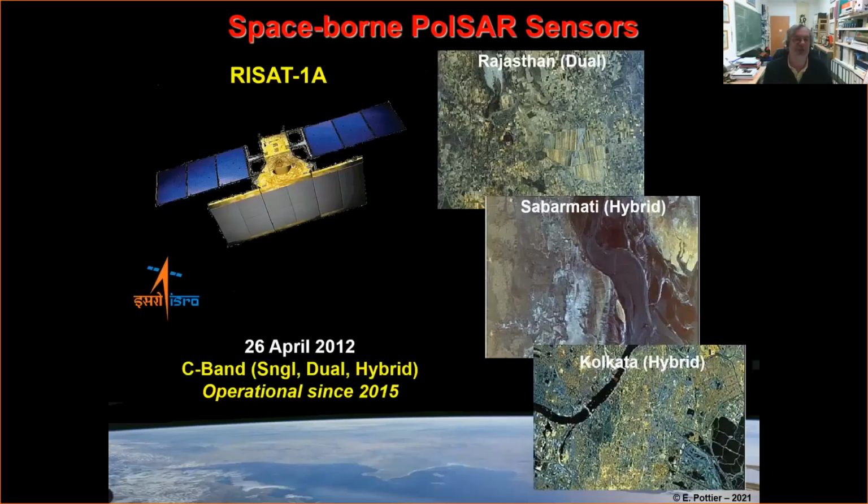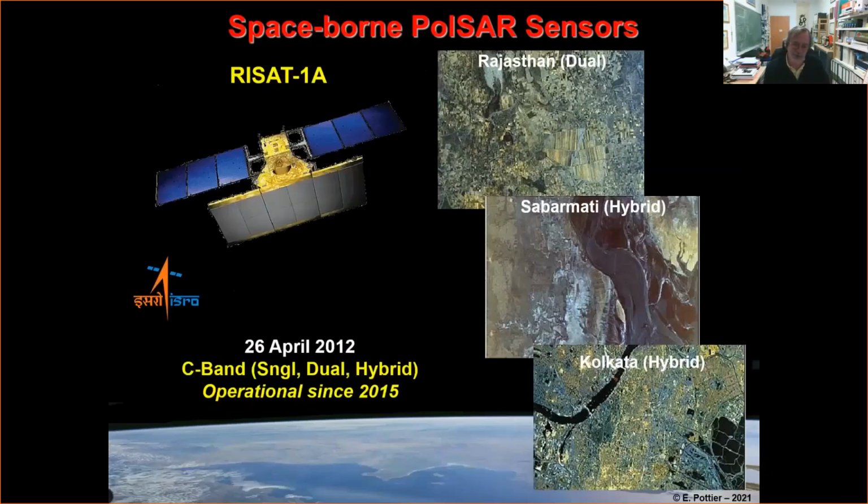And we still have today the Indian system, RISAT-1, which was launched some years ago in C-band. It is a dual-pol system. It is also a hybrid-pol system. I shall not go into the details of this configuration, but it is also a very interesting configuration.